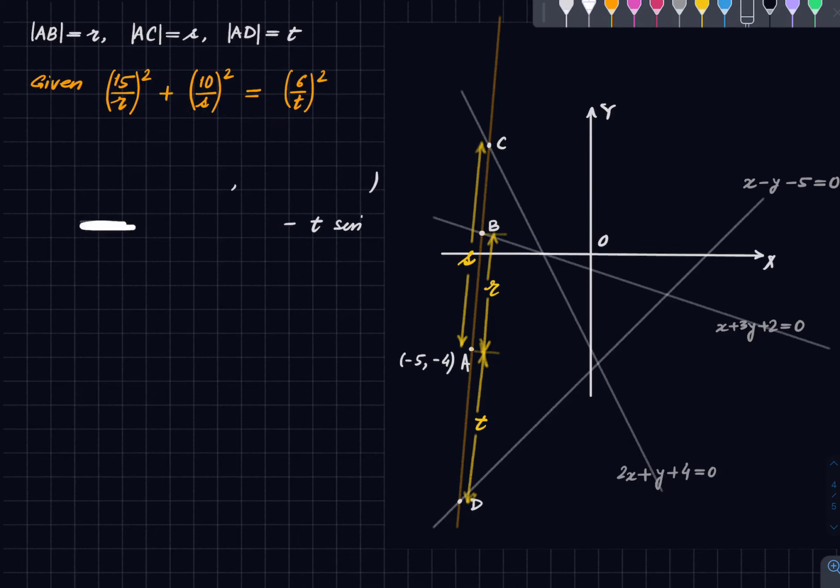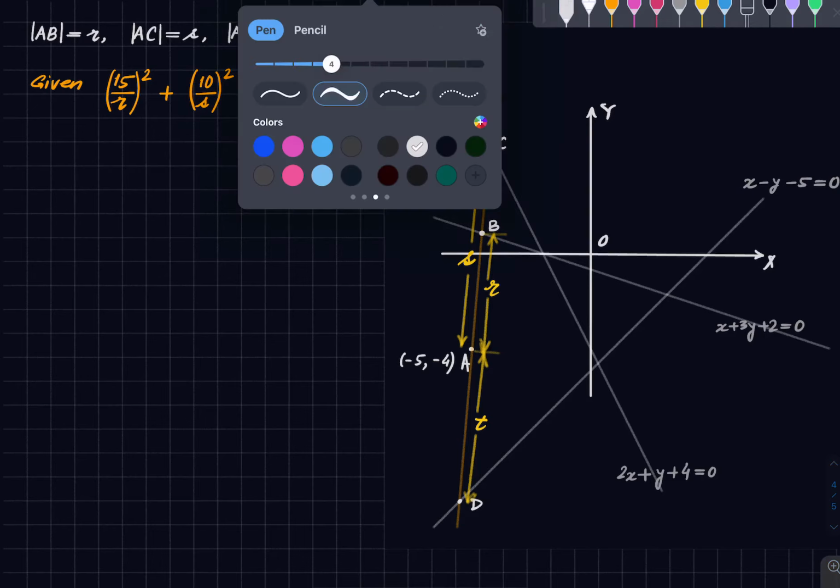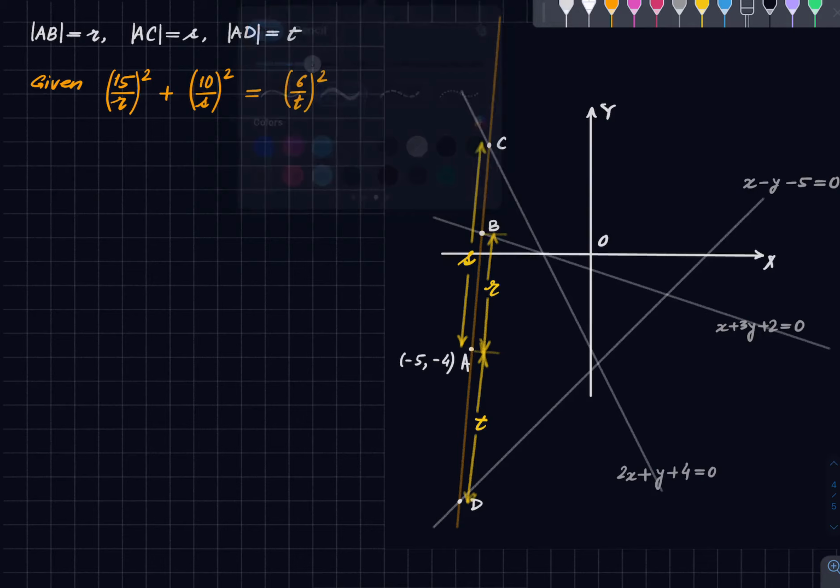So what is the expression for the point B now? Let's say this angle is theta, the angle that the line makes with the positive direction of the x-axis. So what is the point B?